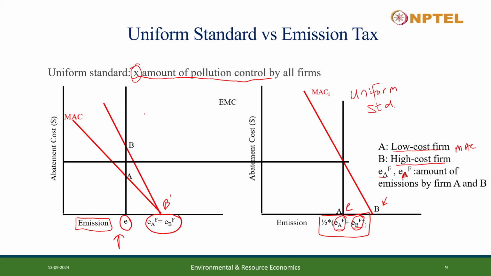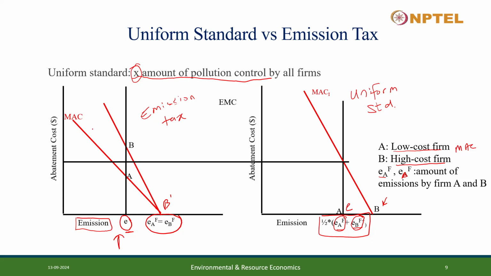Now, in emission tax system, let's say that E is the level of abatement which we have to do, then what will be the most effective way?